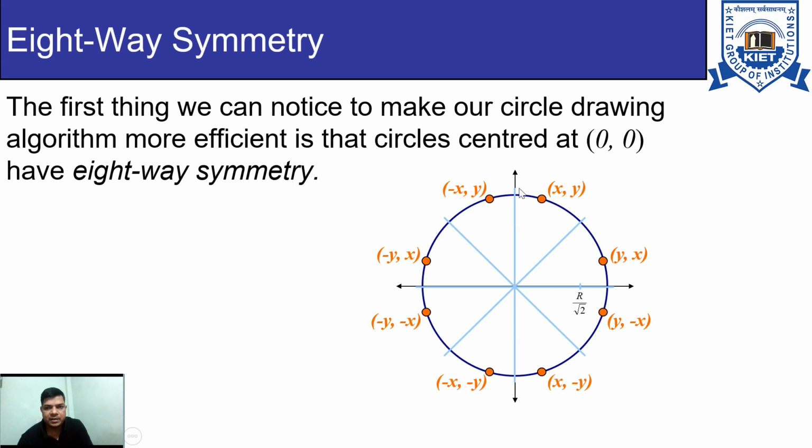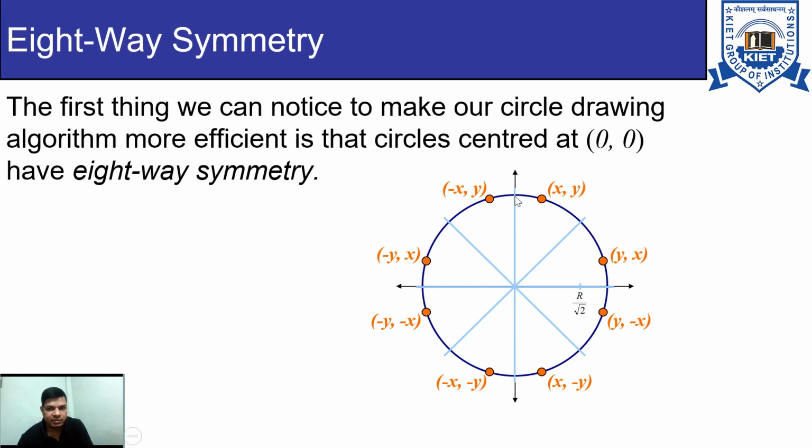So what is happening in this lecture? We will discuss the midpoint circle algorithm, and we will only plot the 1/8 portion of the circle, and that portion is in the first quadrant.